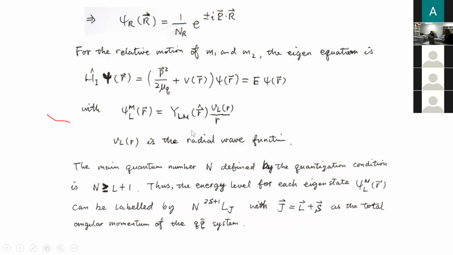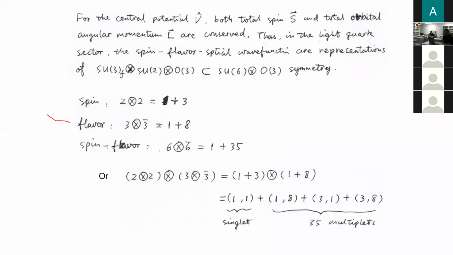In such a picture, the total orbital angular momentum is conserved. Therefore, the angular motion can be described by the spherical harmonic function, and the radial part can be solved depending on the form of the potential.